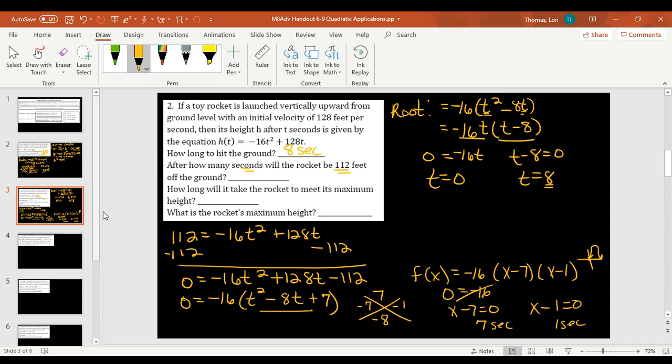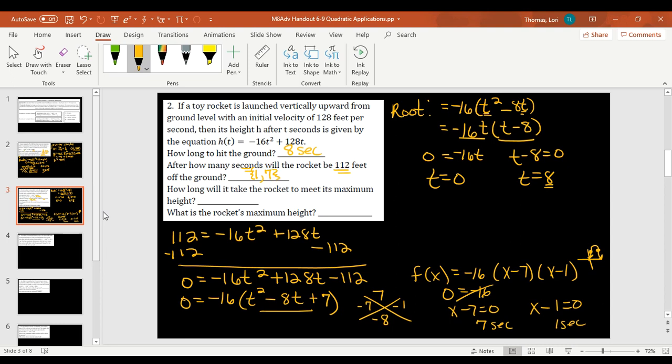So at 112 feet, I have 2 x values. So as it's going up, in 1 second, it's 112, and then when it returns and is at 112 again, that is 7 seconds. So I'm going to have 1 and 7, and that is seconds.